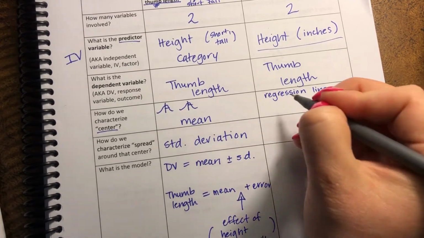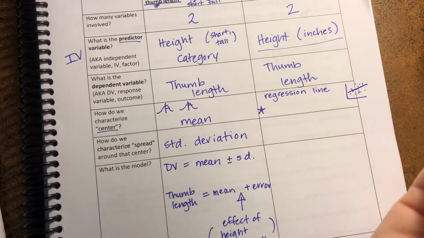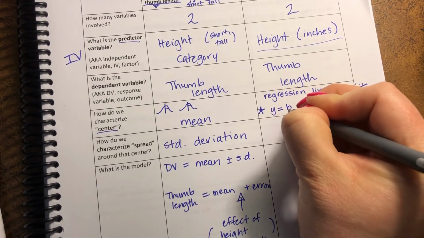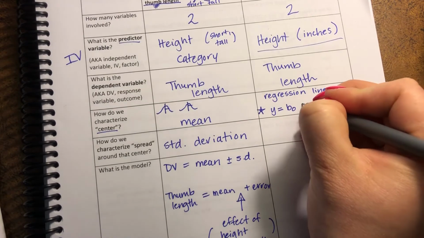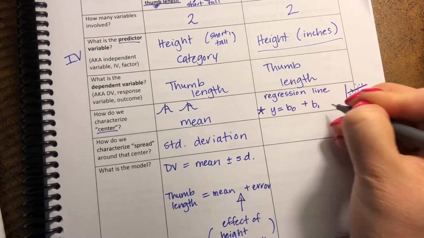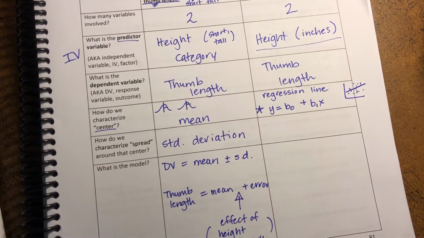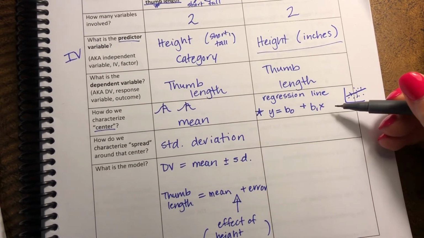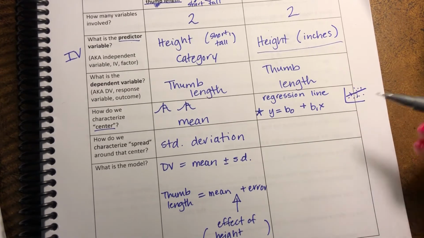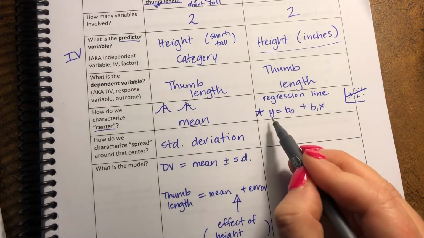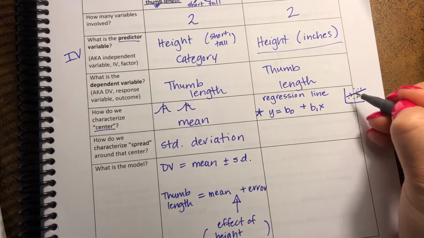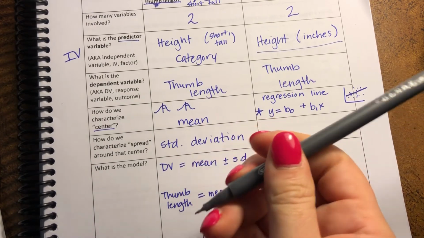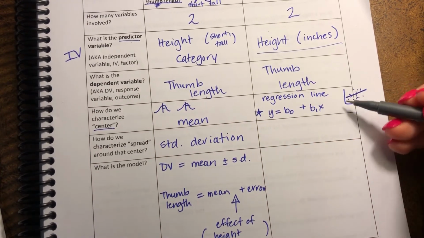Now the equation for this regression line, which again is going to connect back in classwork 10, we have y equals b naught plus b sub 1 x. And this looks very algebra-y, but we will talk about what each of these things stands for. Okay. So keep in mind, this is the equation for a line that works as the balancing point, balancing all the errors of all these different points.